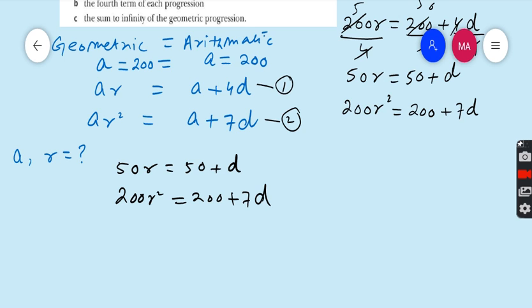Now we have to eliminate d by multiplying this whole equation by 7.